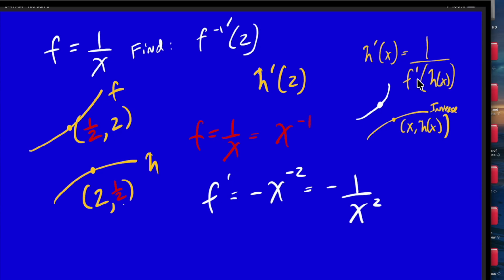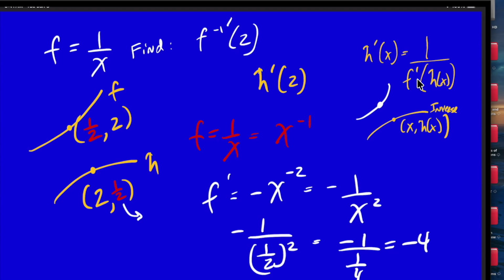We're going to take our h of x and plug that into f prime. We're going to have negative 1 over 1 half squared, negative 1 over 1/4 equals negative 4.